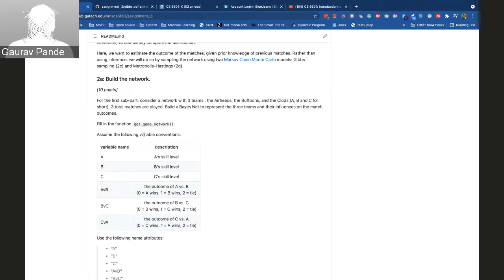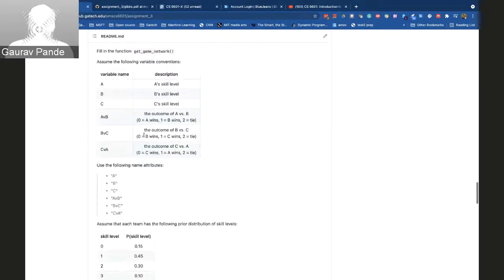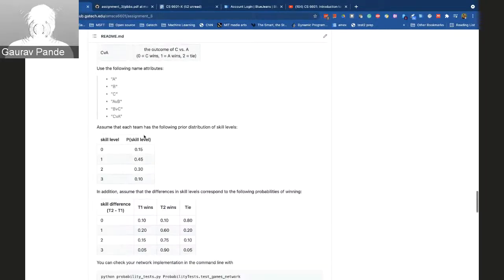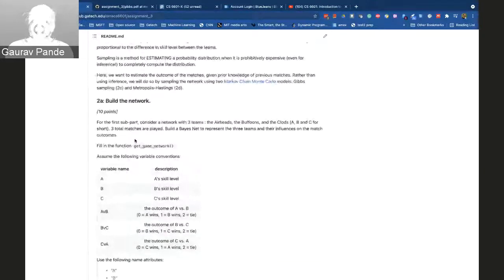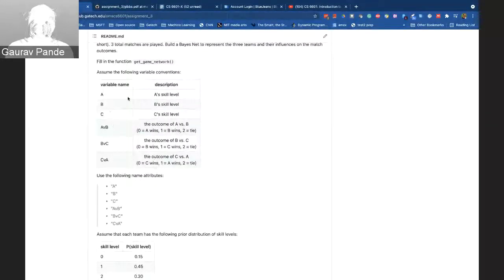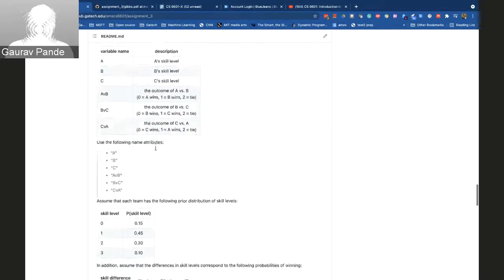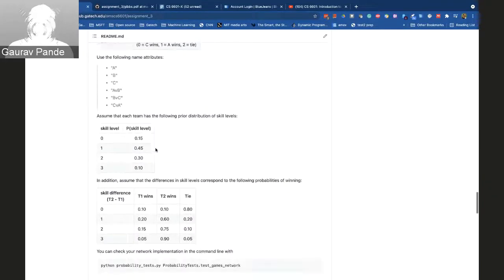Once you have created it, you implement the same Bayes net that you have drawn on paper in the first 2A part where you build the network. And these definitions are, I think, self-explanatory. But let me know if you have any confusion in understanding any of these variables and what they denote here.